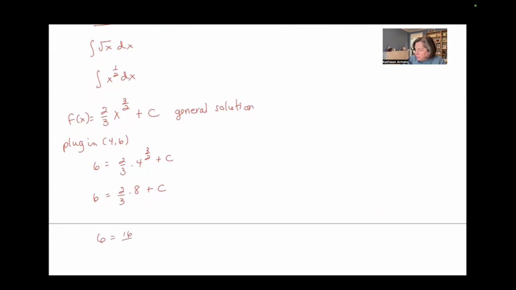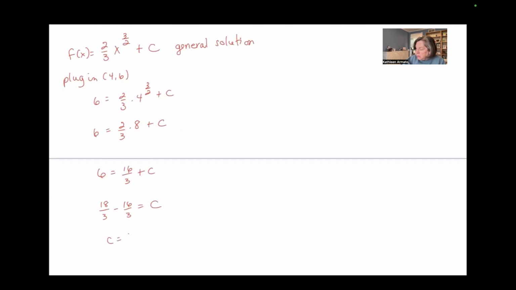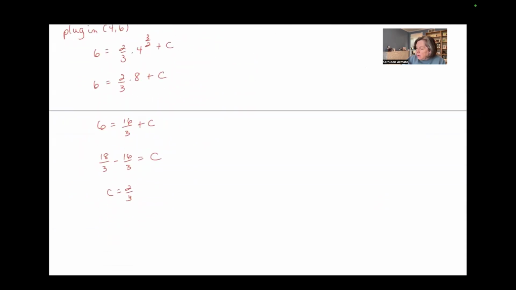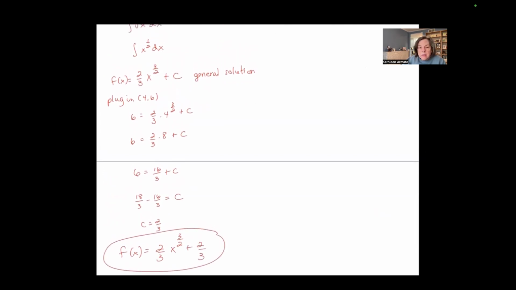So 6 equals 16/3 plus c. 6 is 18/3 minus 16/3 equals c. So c equals 2/3. My particular solution is f of x equals 2/3 x to the 3/2 plus 2/3. That's my final answer on that one.